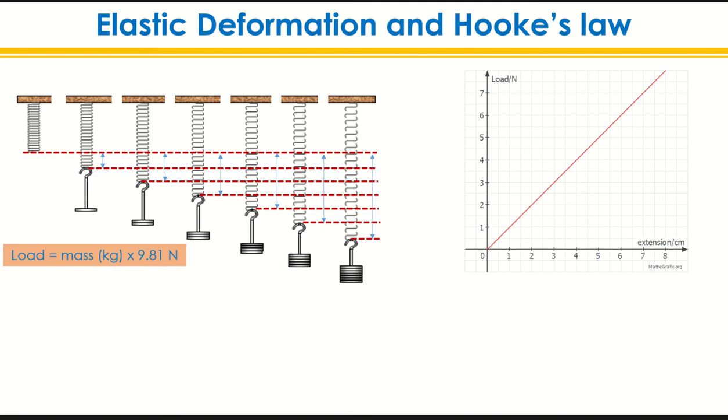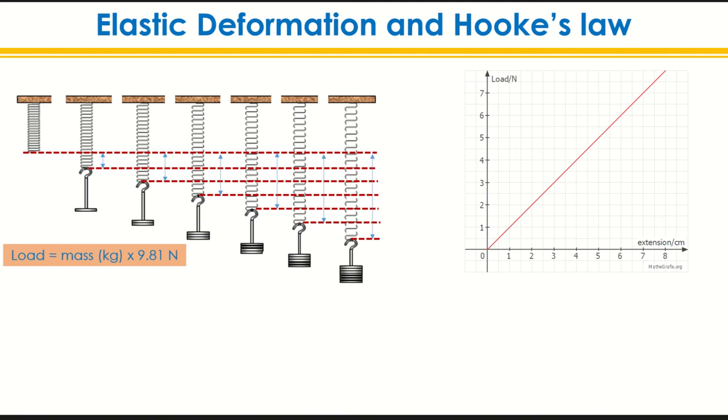It means the load and extension are directly proportional. As long as you get a straight line on the load and extension graph, it means the load and extension are directly proportional.